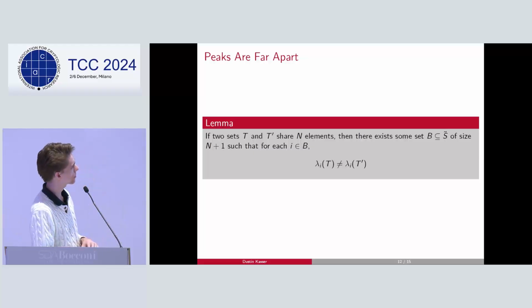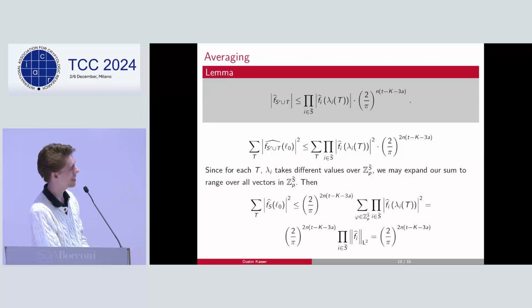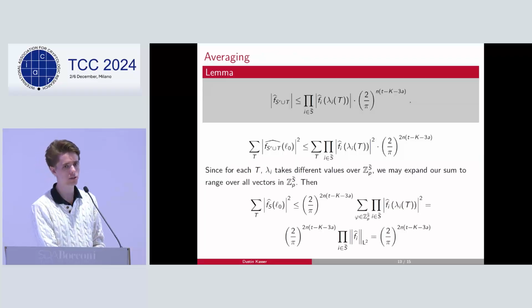And so now we do a bunch more functional analysis stuff. But really what we're saying is if we average over this set T and we look at all these different choices for our FSs, we really can't see the same peaks appear nearby.